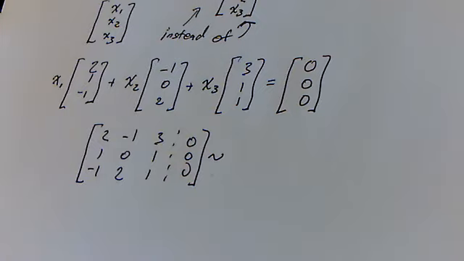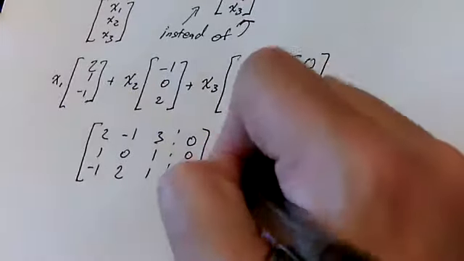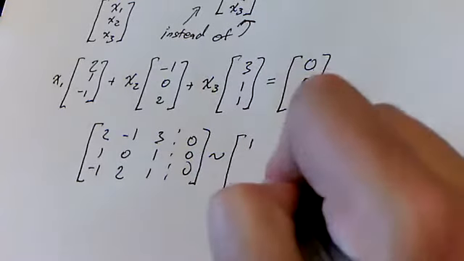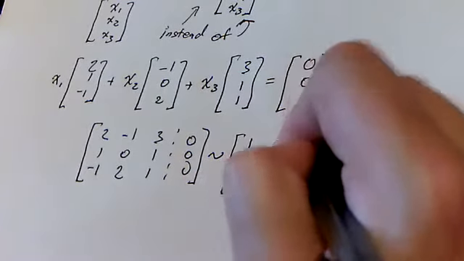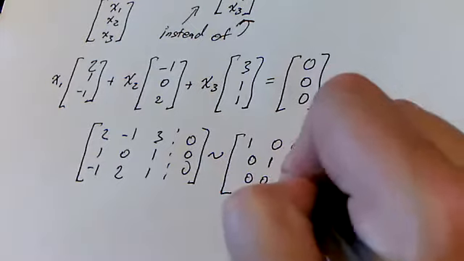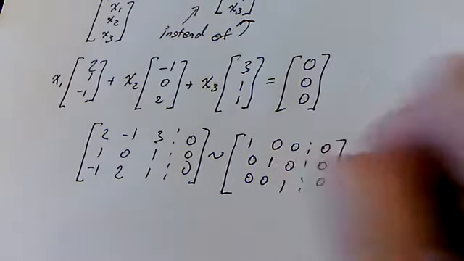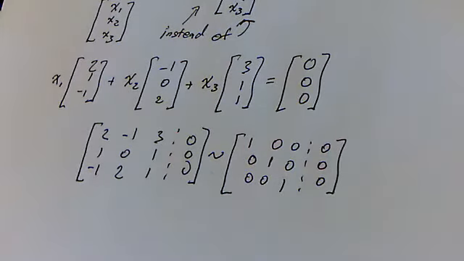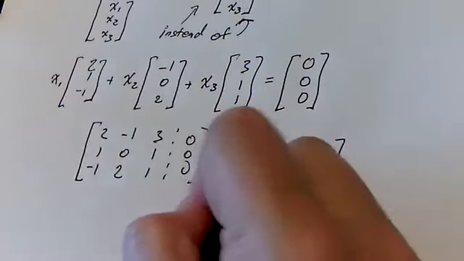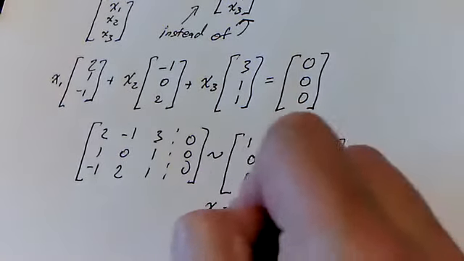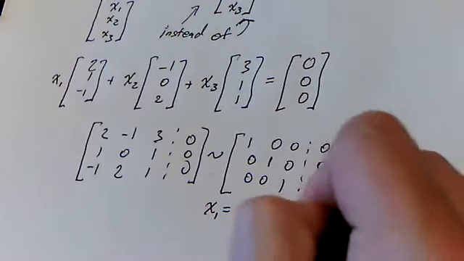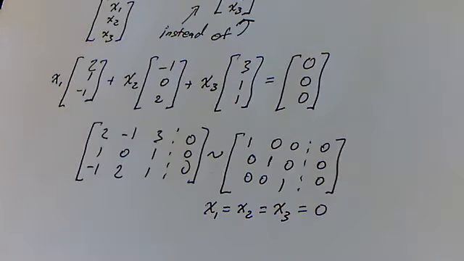Type in those values, and then do the reduced row echelon form. What we get out is a nice, pretty diagonal matrix, again with zeros in that far column. So this system has only the trivial solution. The only solution is x1, x2, and x3 are all 0. There are no other solutions.